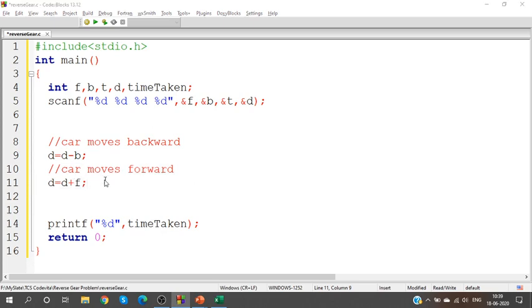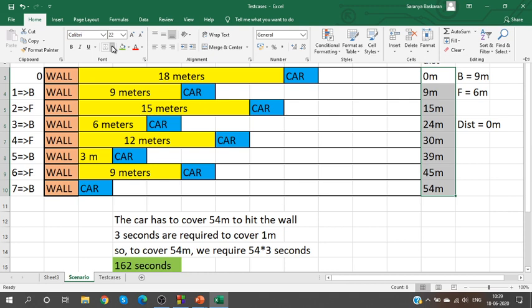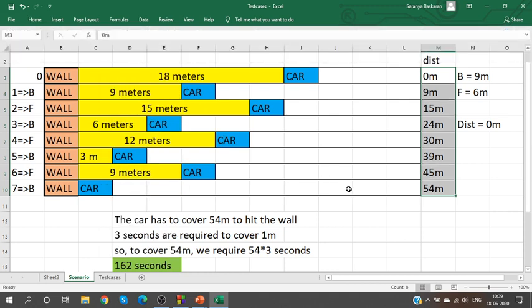Next thing. Do you remember whenever I calculated the distance, there is one thing I did parallelly. What is the total distance covered by the car? You need to know the total distance covered by the car. Why should we know that? Because only based on the total distance can I calculate the time required.